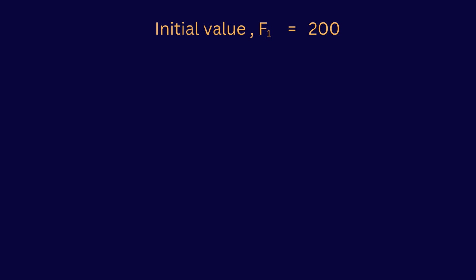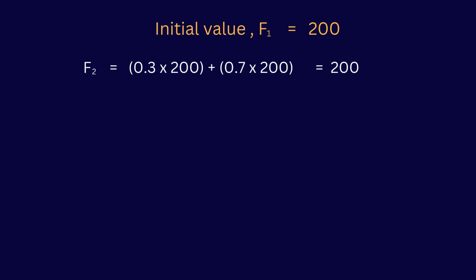We have the initial forecast F1 equal to 200. So you can use this formula to calculate F2, F3, F4, F5, F6 and F7. Let's calculate F2 first. F2 equals 0.3 multiplied by 200 plus 0.7 times 200, equal to 200. F3 equals 0.3 multiplied by 210 plus 0.7 times 200, equal to 203.